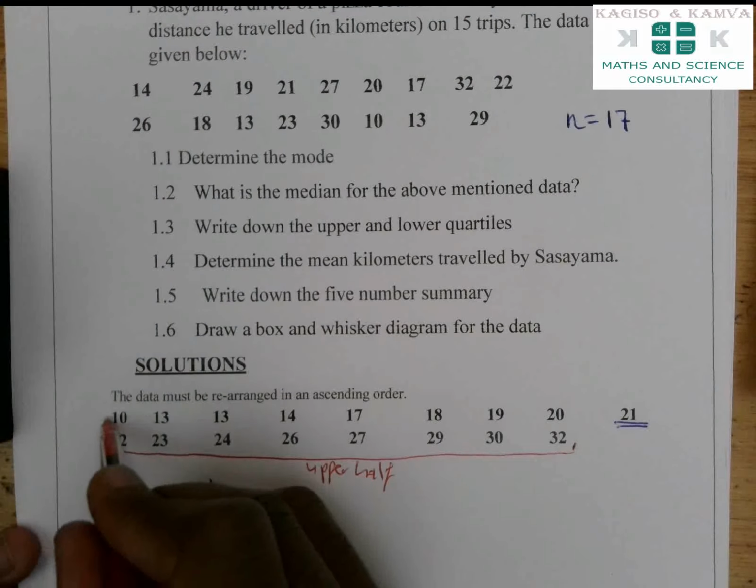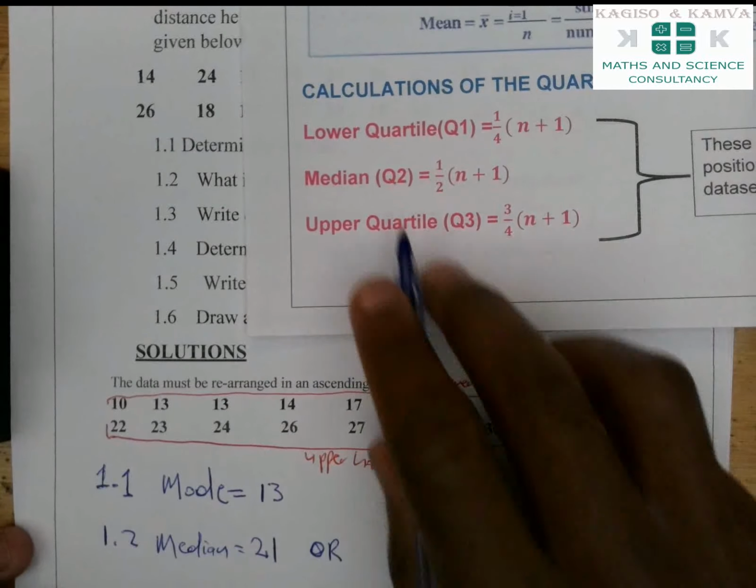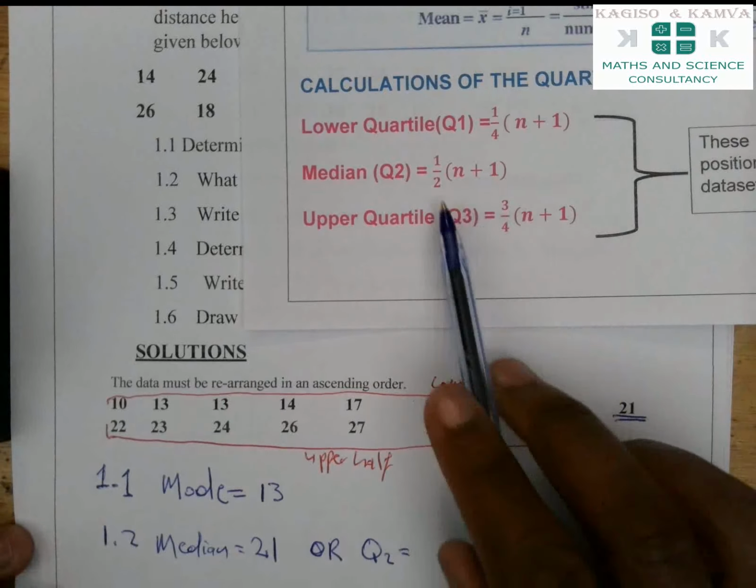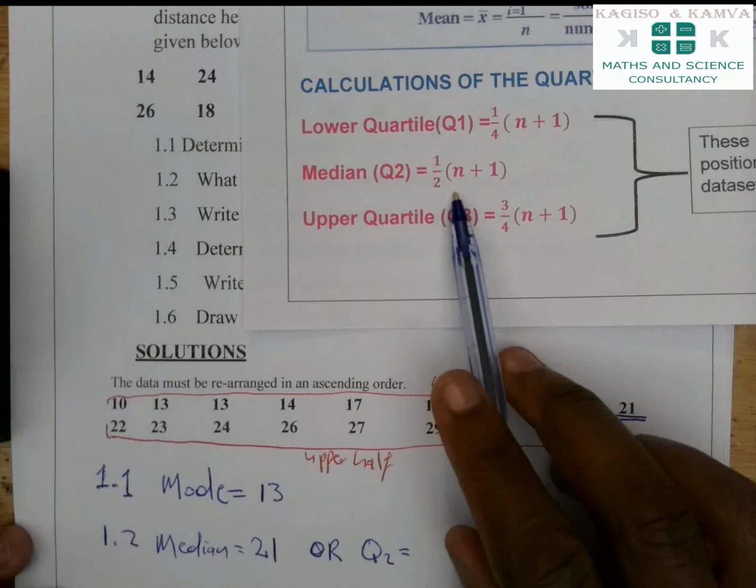Now let us check using the formula to find the median, Q2. For us to find Q2, we mustn't forget that this formula only gives us the position of the median. That will be 1 over 2 times n plus 1.